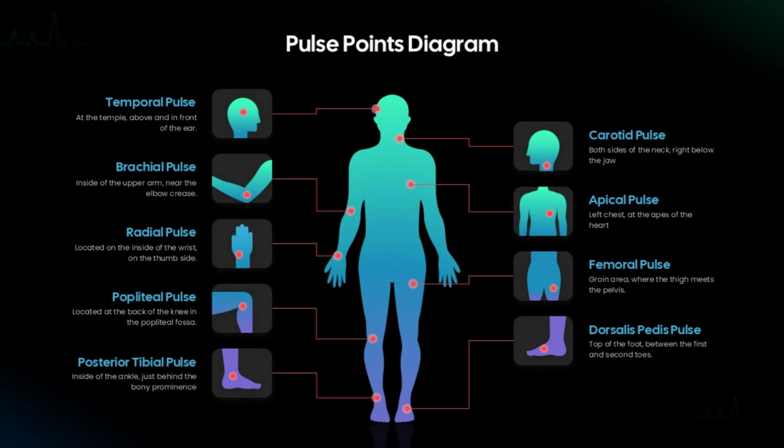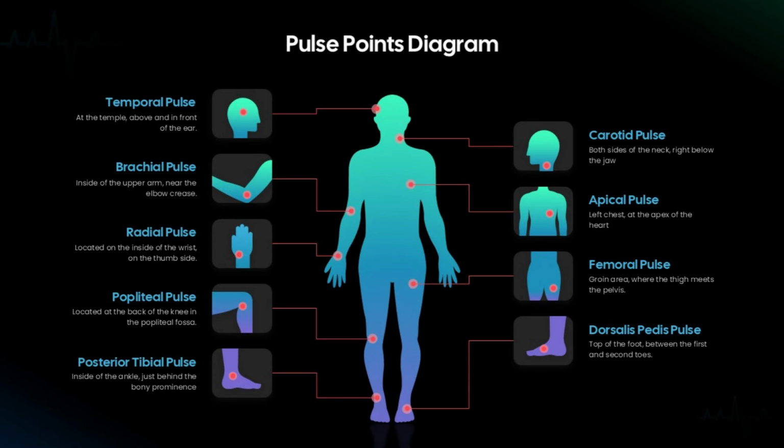Popliteal, posterior tibial, femoral and dorsalis pedis. We will assess these for lower body circulation. Mostly, these pulses indicate whether the person has any kind of circulatory problem in the lower body. The popliteal pulse we will assess in a person who has undergone total knee replacement or any kind of surgery, maybe DVT surgeries.